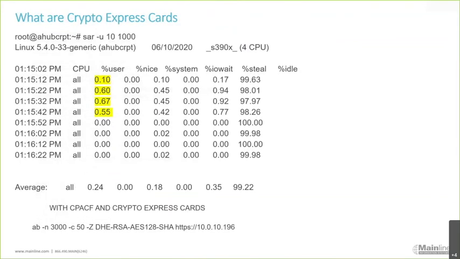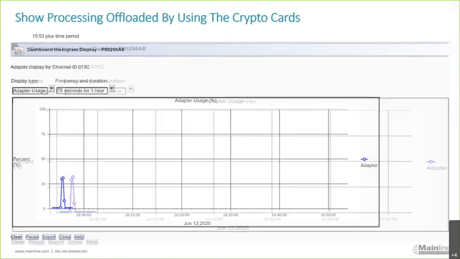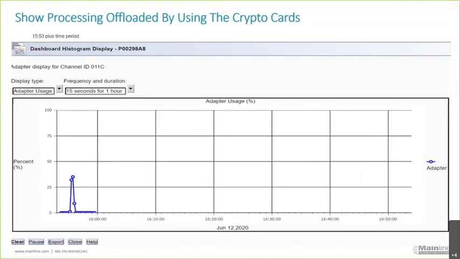As mentioned before, with the CPAC-F card I did see a bit of improvement, but it was 5 or 10% less than the base system. It wasn't dramatic. You would have seen the spikes, and these aren't very long tests, but both cards show the same thing. They're pretty well load balanced.